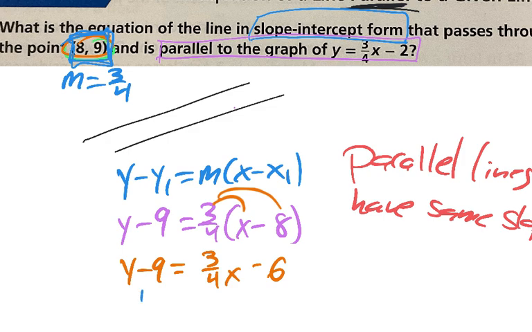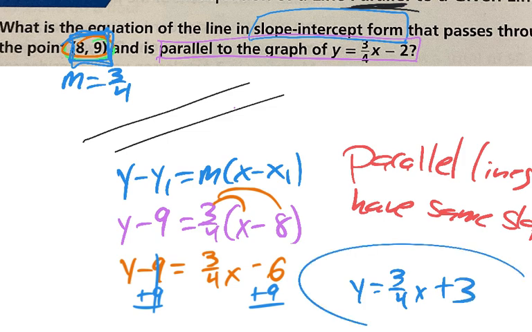So I need to add 9 to both sides. So that's going to give me y equals 3/4 x plus 3. Is this in slope-intercept form? Finished. So it's the same stuff we've been practicing, but now we've added this little bit of information about parallel lines. Parallel lines have the same slope. That's what you need to know.